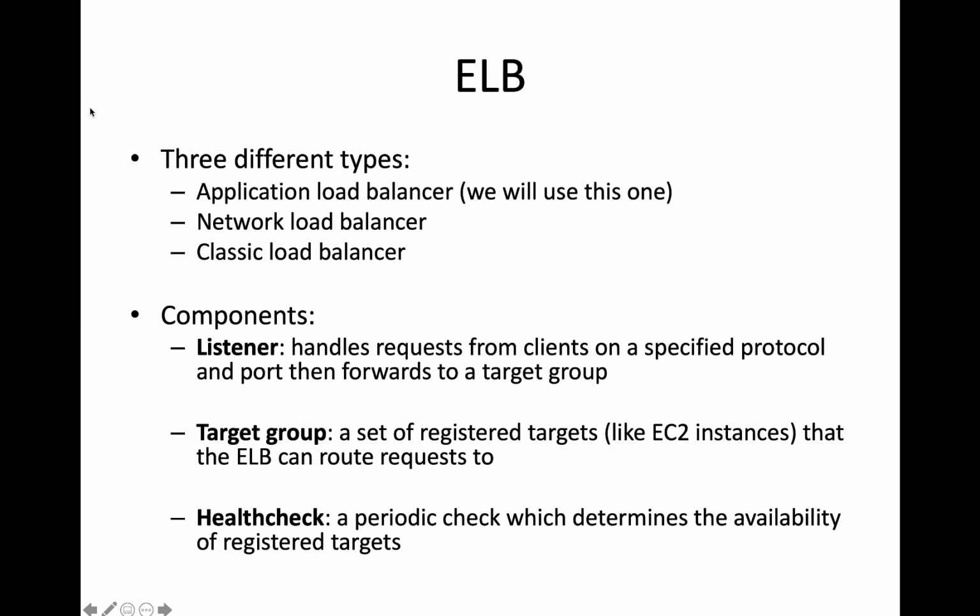The elastic load balancer will try to communicate with a specific endpoint on that EC2 instance to check and see if the EC2 instance is responsive. If it tries to connect to that EC2 instance and the instance isn't responding, after a certain amount of time, the elastic load balancer will consider that instance to be unhealthy. So that registered target will then be unhealthy, and the elastic load balancer will no longer attempt to route requests to that particular instance.